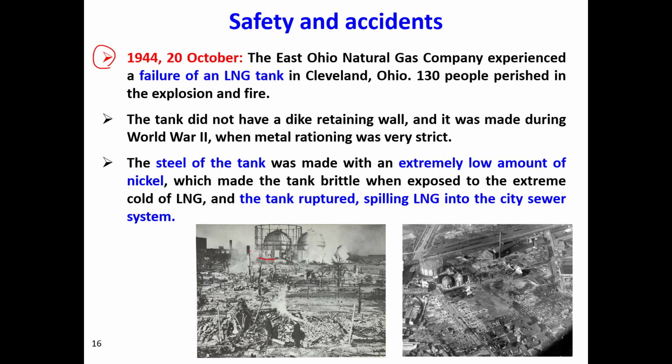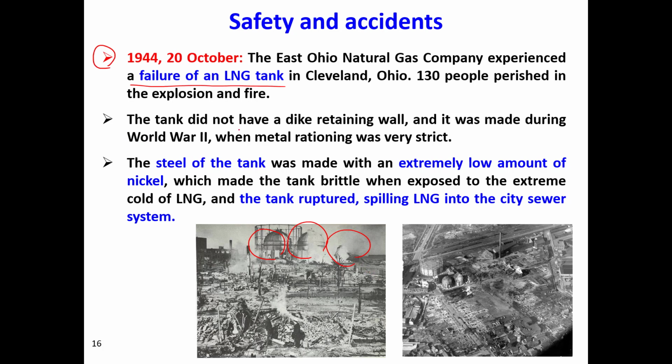As I said, they had three storage tanks, and there was a failure in one of the LNG tanks, a leakage. That plant was one of the first LNG plants developed globally, so they maybe didn't have a lot of experience.